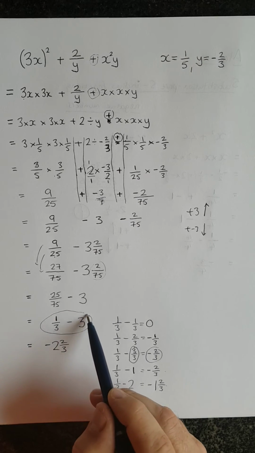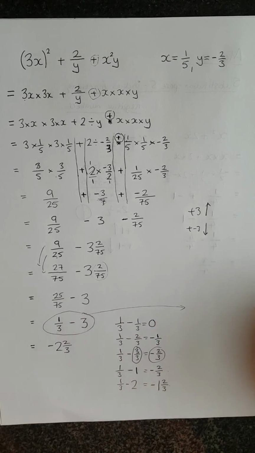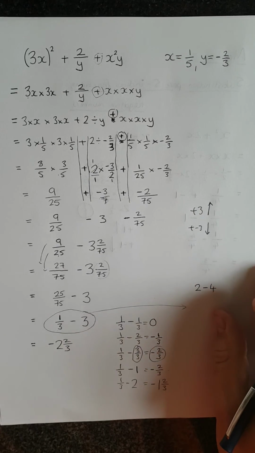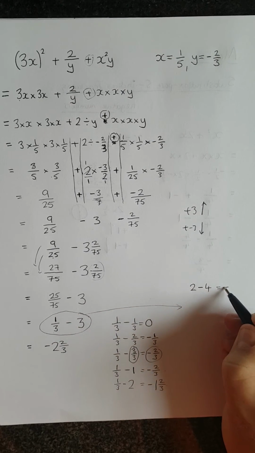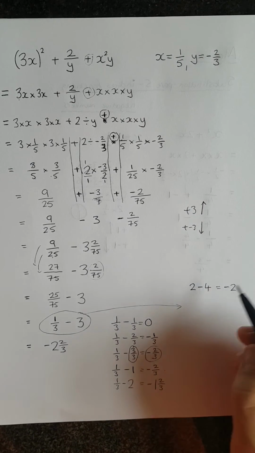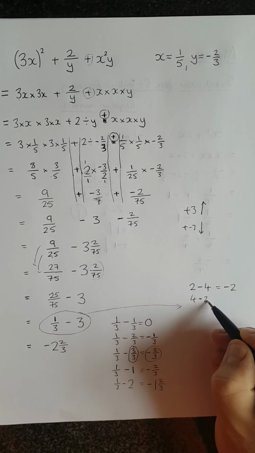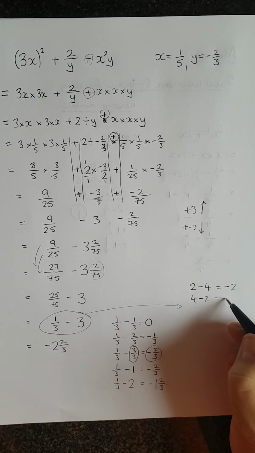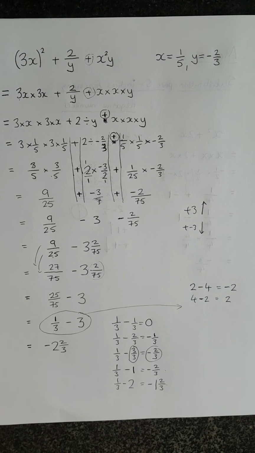Some of you will not have liked that end part, so I'll show you a different way. 2 take away 4 gives you minus 2. 4 take away 2, so the other way around, gives you 2.